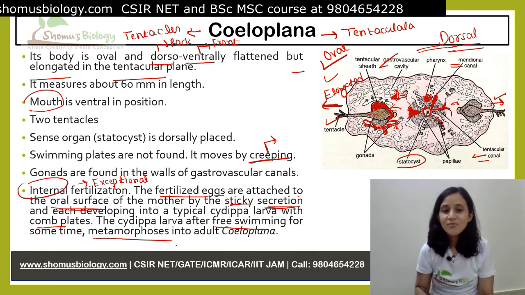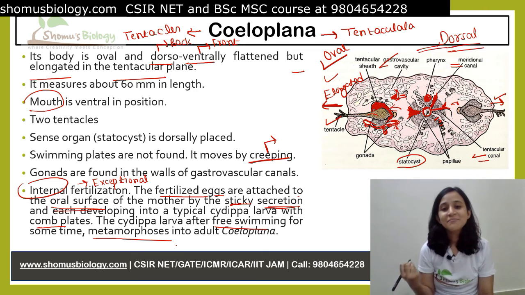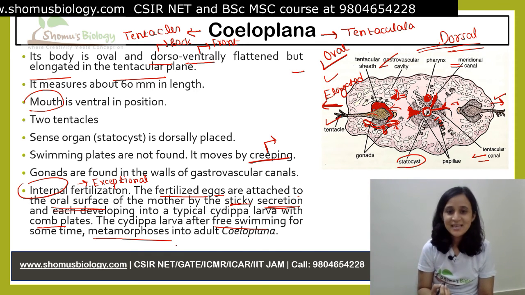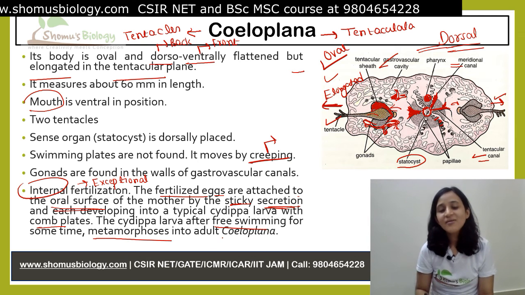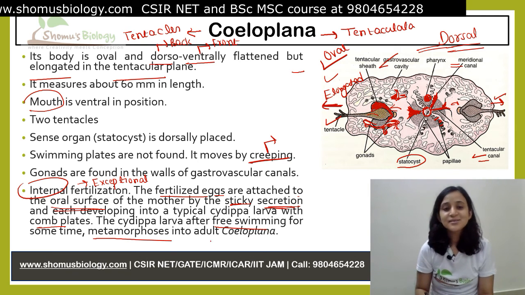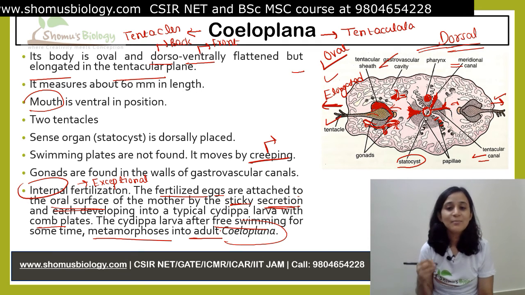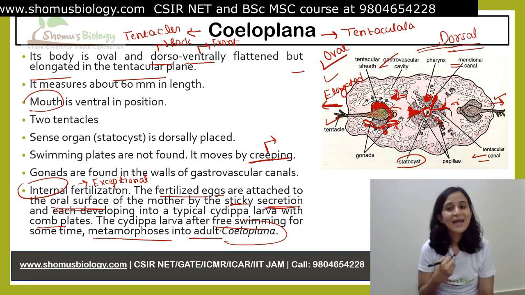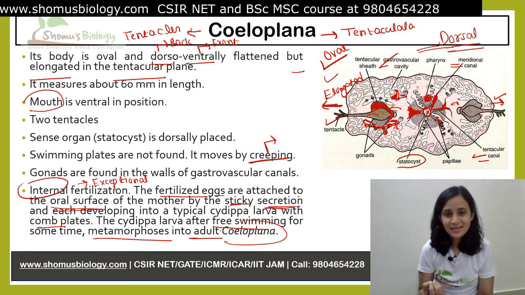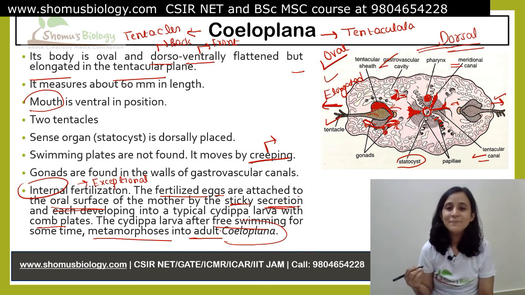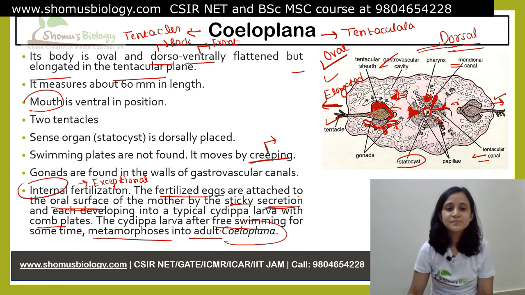When the metamorphosis occurs, the free swimming ability of the larva is lost, and then the larva grows to the adult, and the adult Coeloplana will be produced from the larva, and that adult organism can't swim, it only moves by creeping.